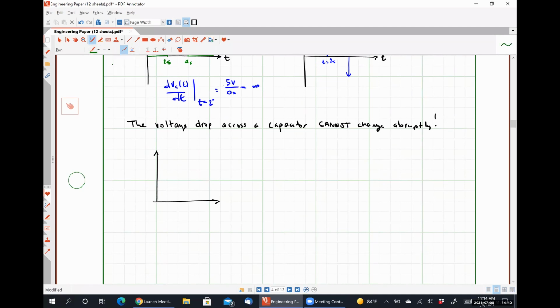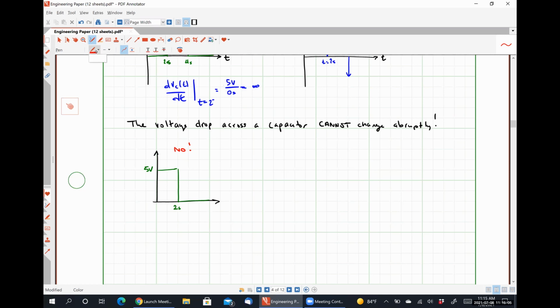All right. So let me be very explicit about what I mean. We have a voltage. Let's say it's 5 volts. And then it drops down to 0, like so. You cannot have a situation like this, okay?